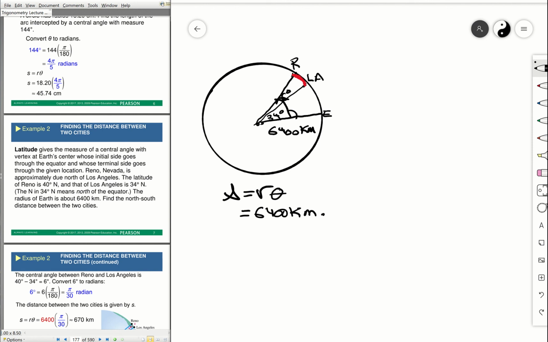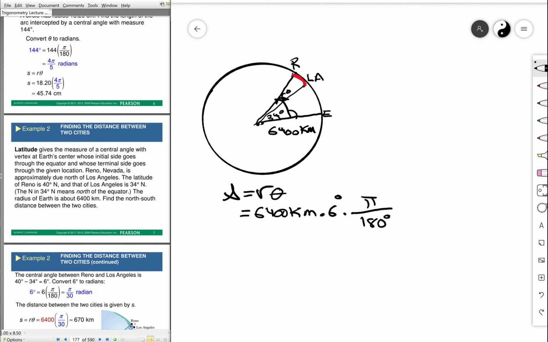We're going to go ahead and multiply that by theta, which is 6 degrees, and as you know, needs immediate conversion because when you use theta in this formula, it needs to be in radian mode. So we need to multiply it by pi over 180 degrees.